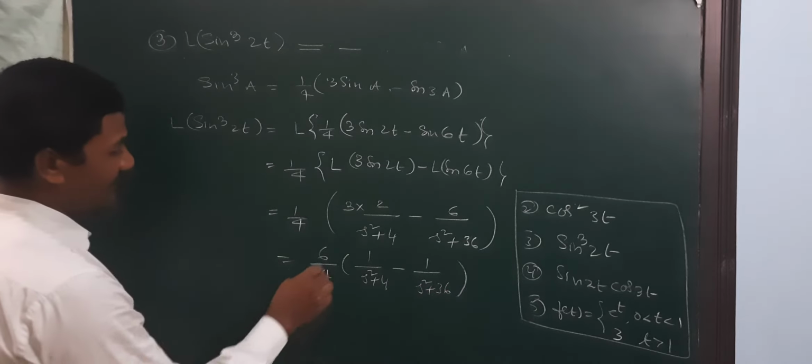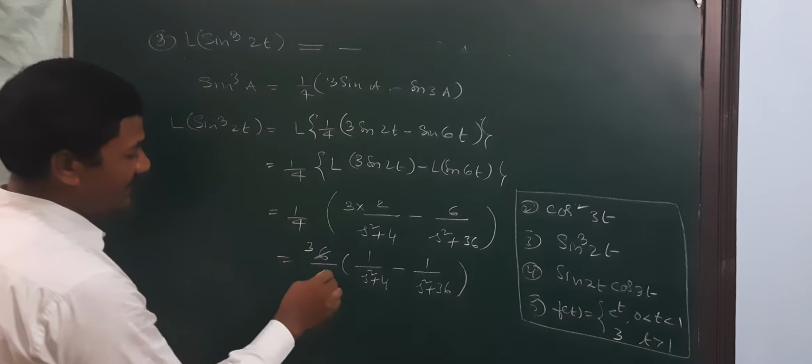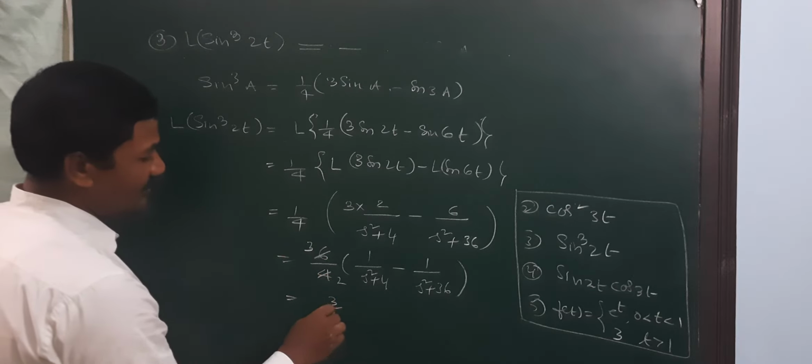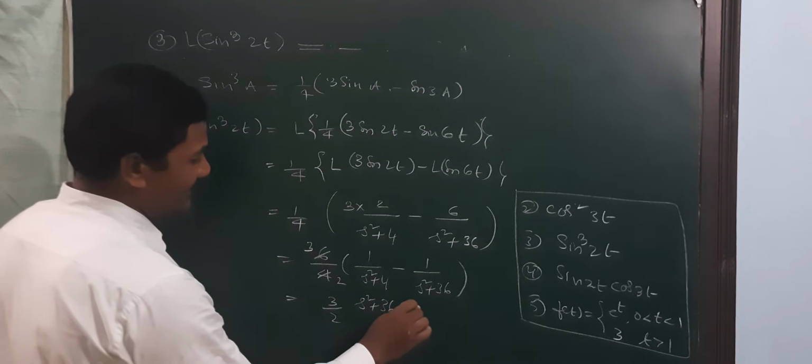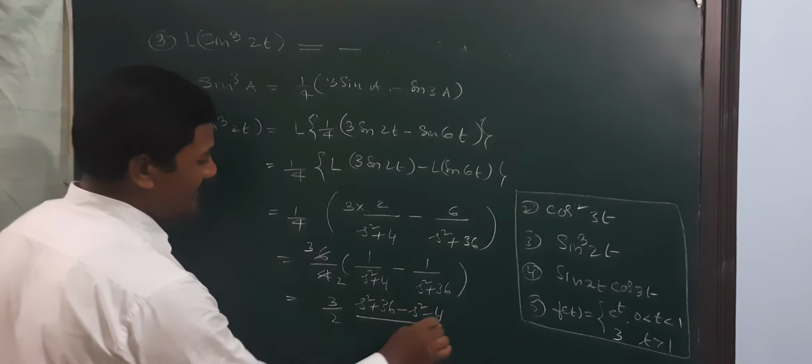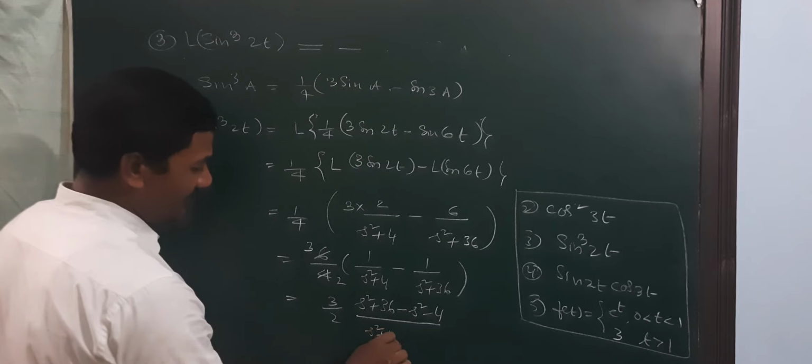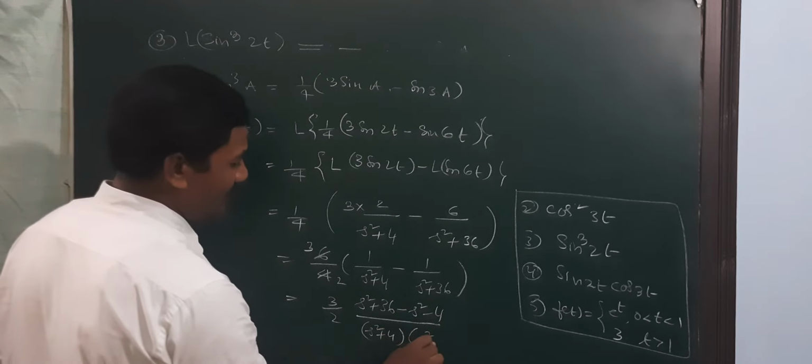This is 3 by 2 into the LCM: s square plus 36 minus s square plus 4, over s square plus 4 into s square plus 36.